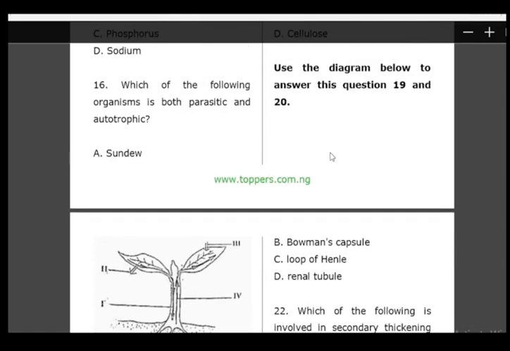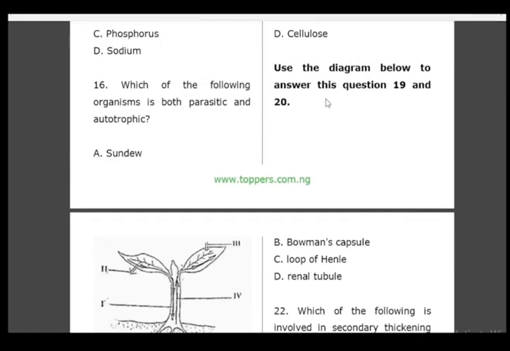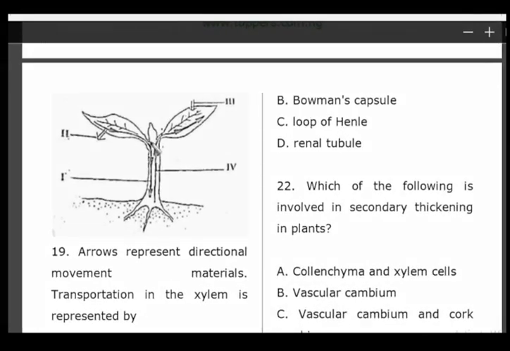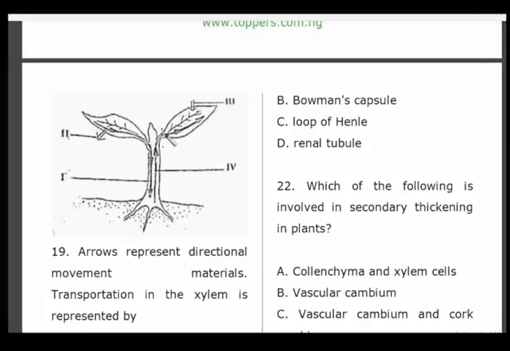Okay, it said use the diagram below to answer questions 19 and 20. This is the diagram that we have. Now if we look at this particular diagram, we will see that this plant has arrows.